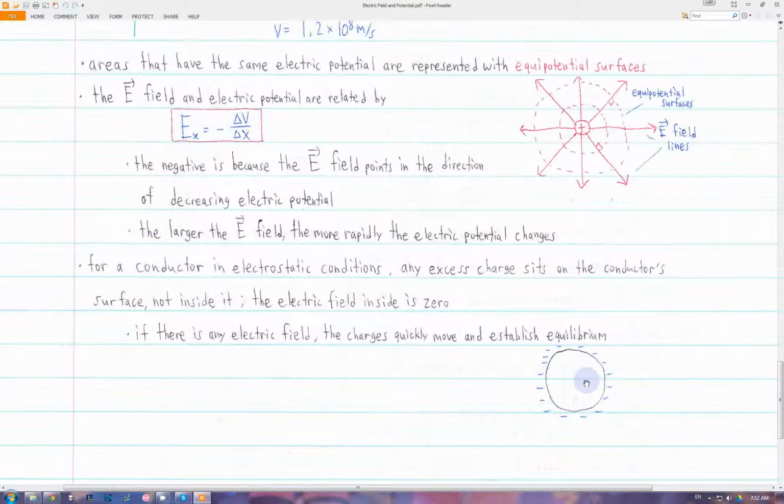And the electric field inside a conductor is always 0, because if it was not 0, then the charged objects would experience a force and move around. And if they're moving, then it's not electrostatic anymore. So inside a conductor, the electric field is 0 and the electric potential is constant. So this whole conductor is a big equipotential surface.